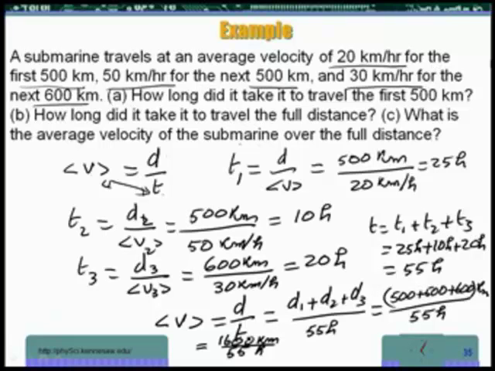Okay, let me calculate this on the side here so I can give you an answer. 1,600 divided by 55 equals, okay, it's about 29 kilometers per hour.